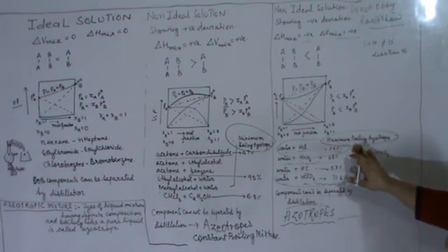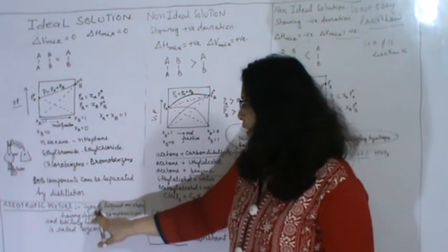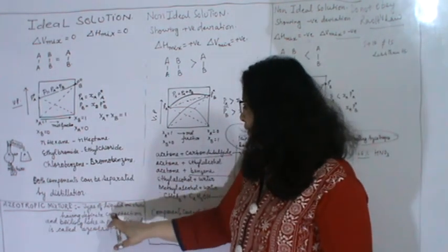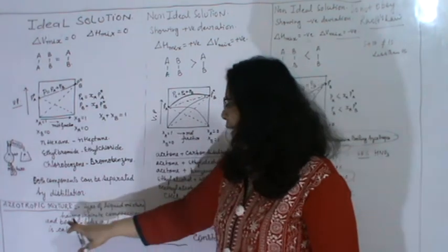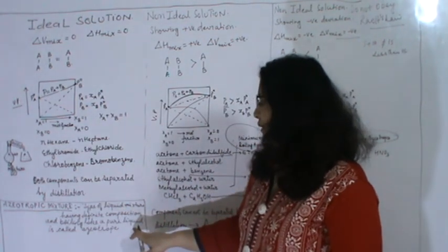And such a mixture, an azeotropic mixture, can be defined as a type of liquid mixture having definite composition and boiling like a pure liquid.